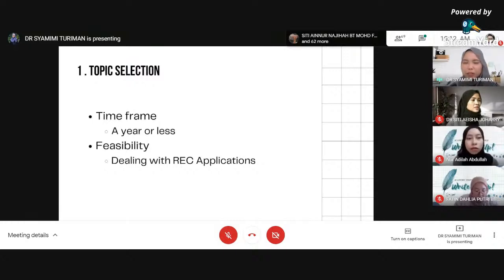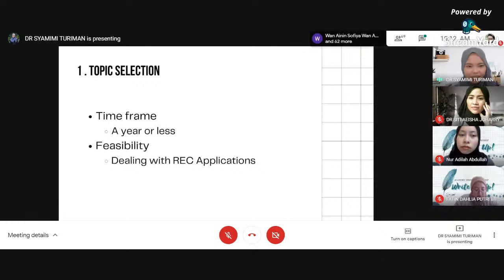So technically you have a year or less to produce the hardbound copy of the FYP at the end of your 6th semester. So with that in mind, you are expected to also think about whether or not the topics are researchable, or whether or not the topics are feasible for you.